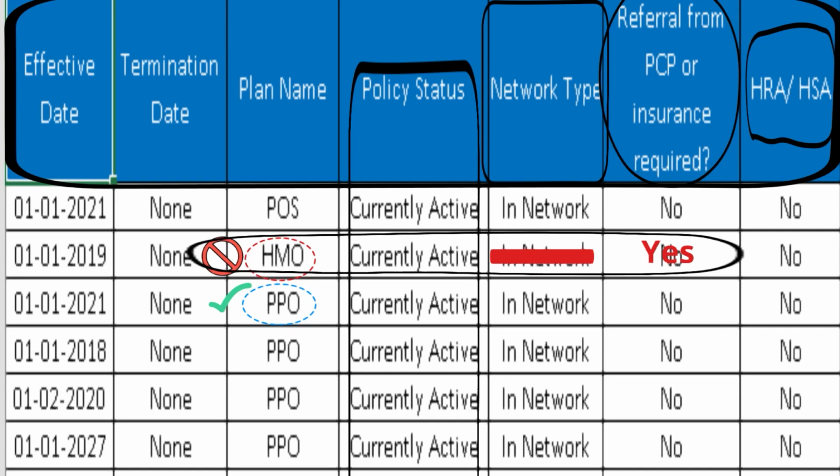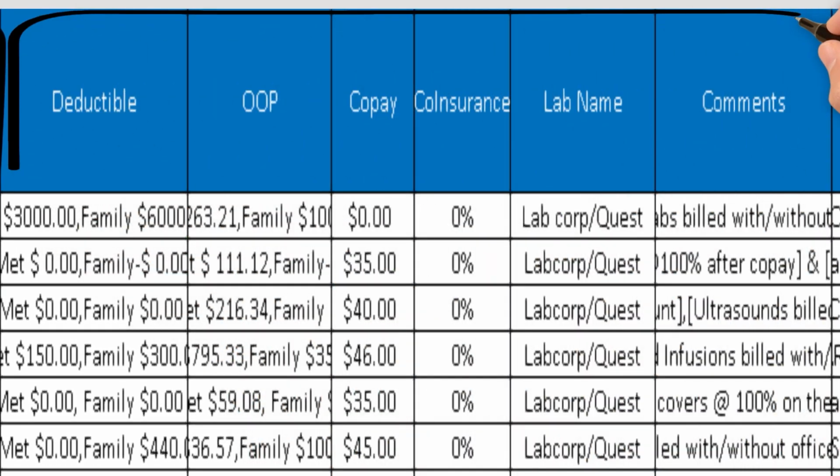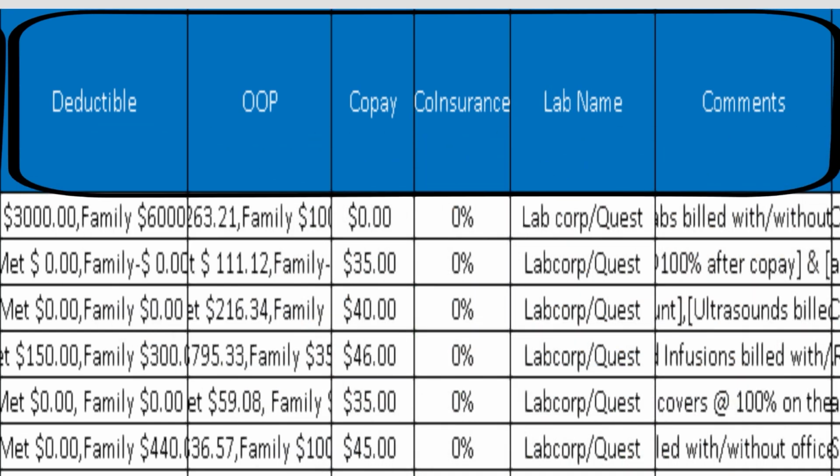We also need to confirm the dollar amounts for the costs associated with the patient's plan, like copay, coinsurance, deductible, and out-of-pocket maximum. We also have to confirm the costs associated with the lab services.